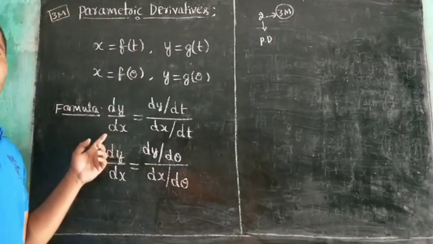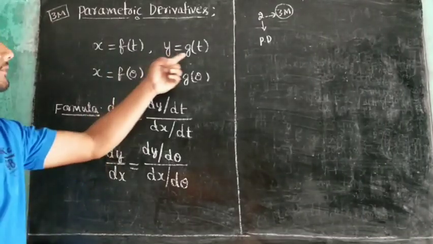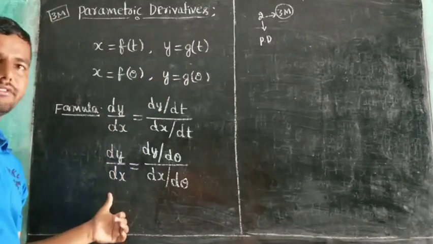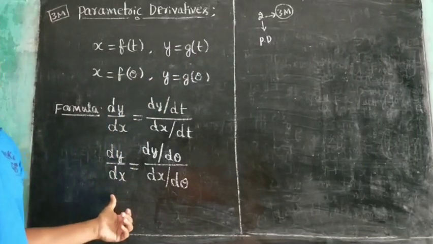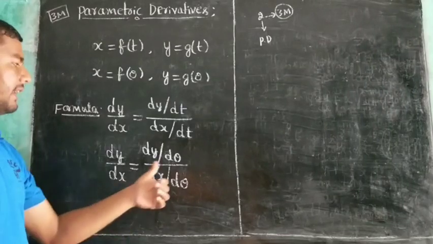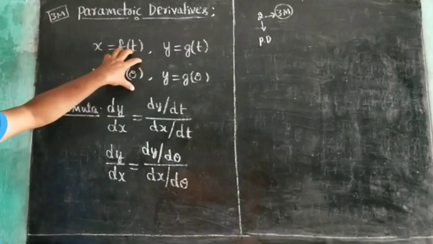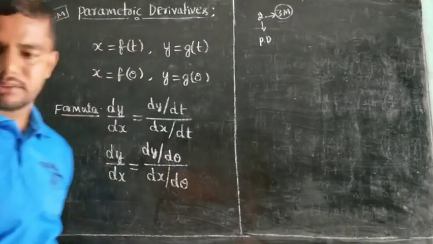If the parameter t is given, this is the formula. If the parameter theta is given, then the second is the formula.